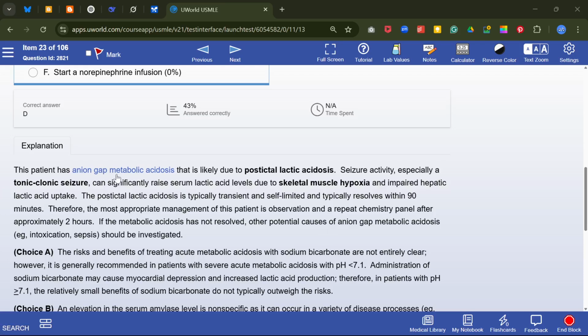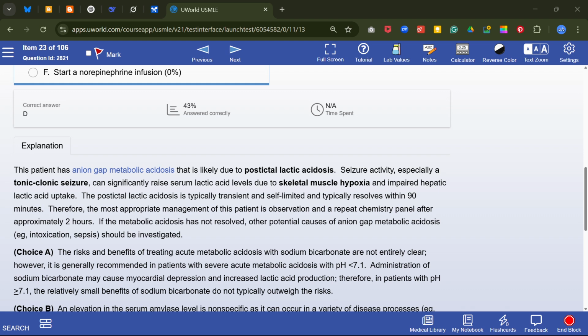So the patient's anion gap metabolic acidosis is likely due to postictal lactic acidosis. After a tonic-clonic seizure there can be skeletal muscle hypoxia. Postictal lactic acidosis is typically transient and self-limited, resolving within 90 minutes.